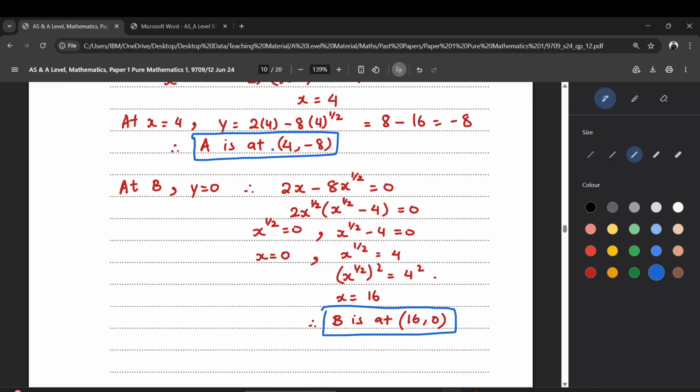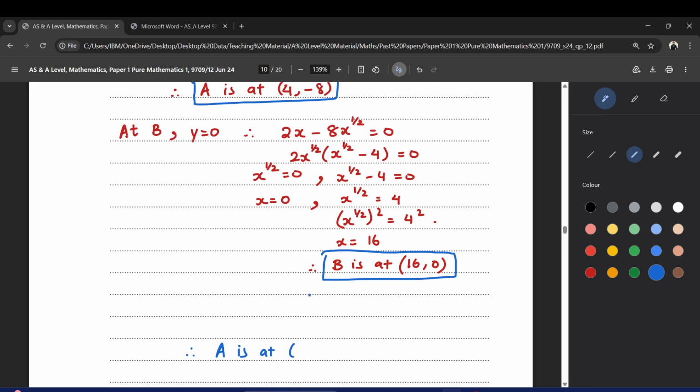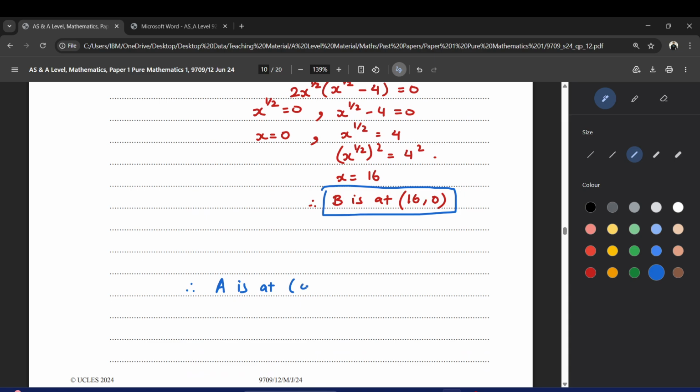Or if you don't want to make boxes over here, then in the last two lines you must write that therefore A is at 4 comma minus 8, and B is at 16 comma 0. The main idea is that after your long working, you have to show your final answer in this form. Just write it at the end.